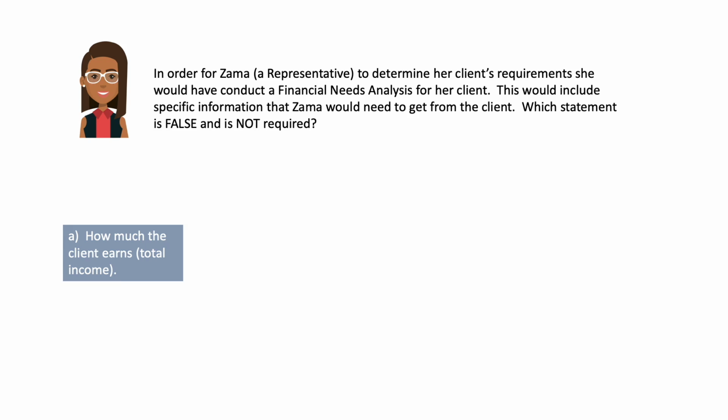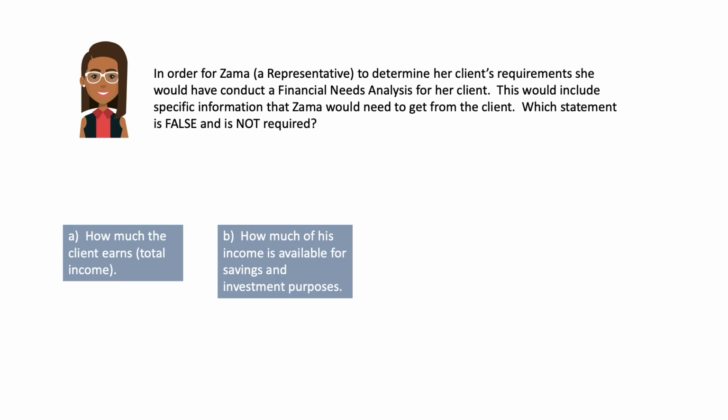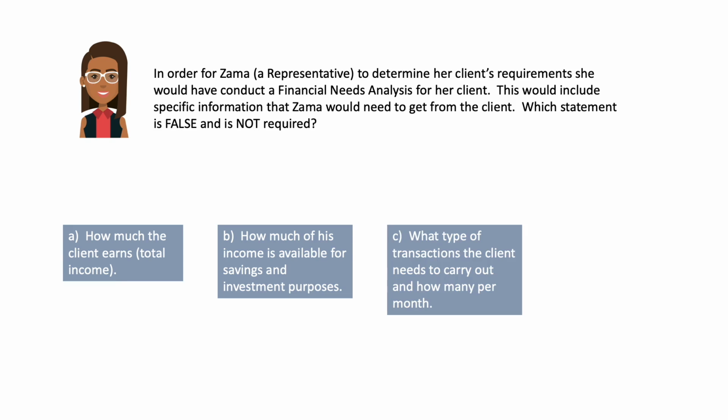A. How much the client earns, total income. B. How much of his income is available for savings and investment purposes. C. What type of transactions the client needs to carry out and how many per month. D. What the client intends to do with the funds.